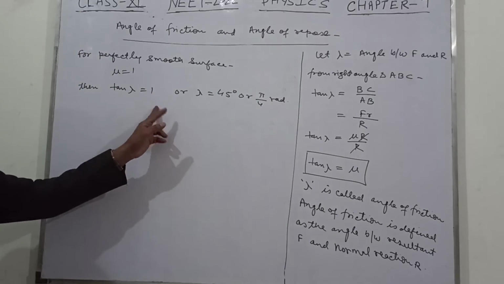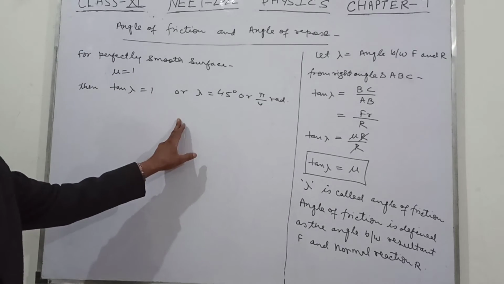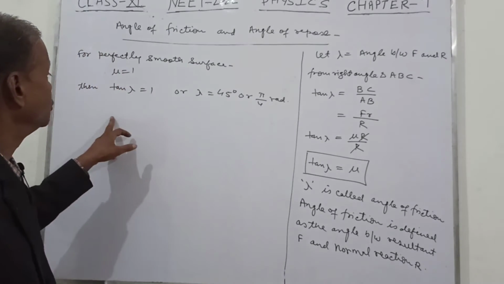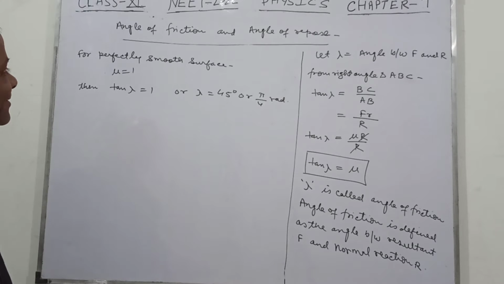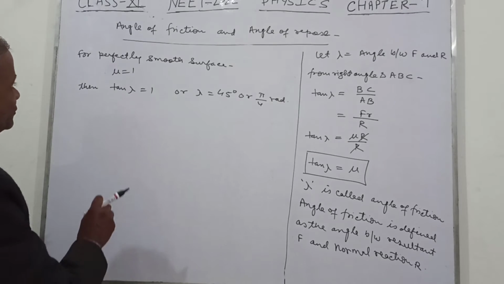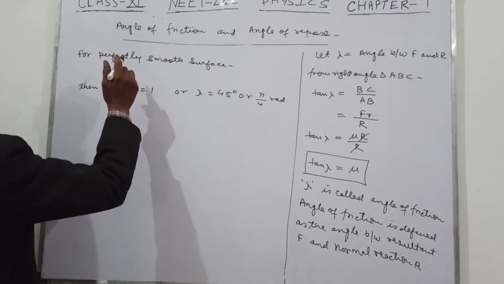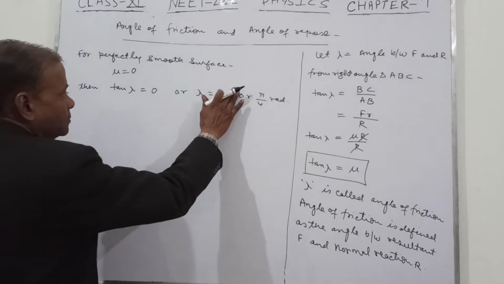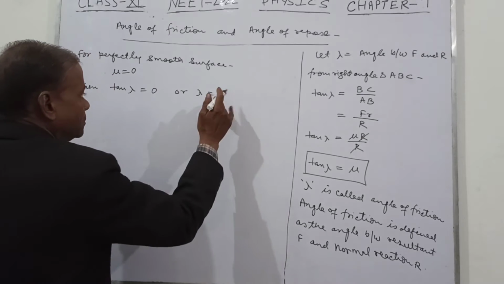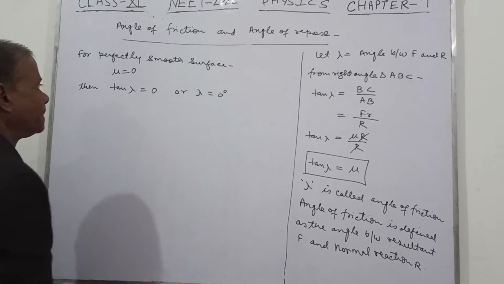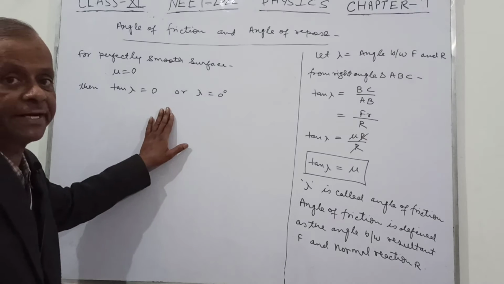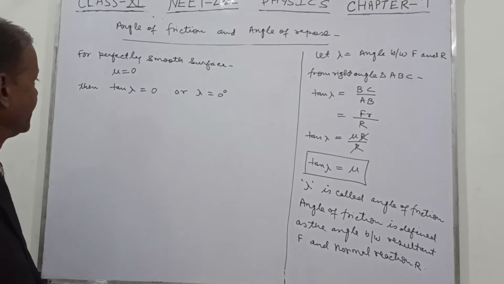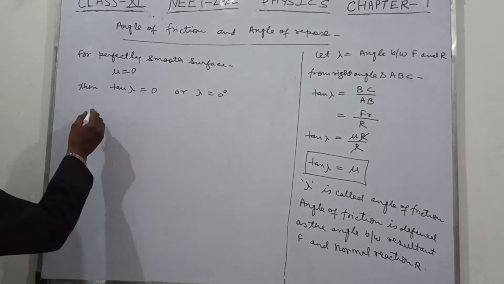This is the maximum value. No, for a perfectly smooth surface mu is equal to 0, since there is no friction at all, the coefficient of friction mu is equal to 0. So this is the minimum value.